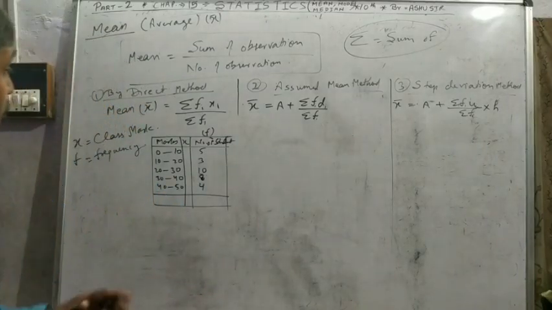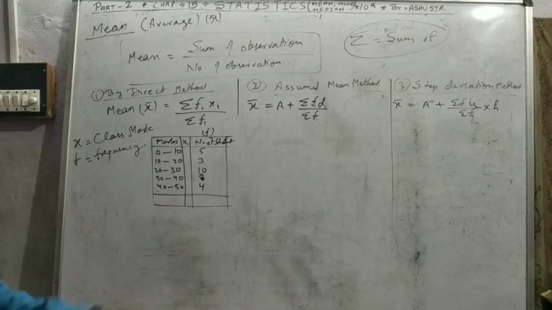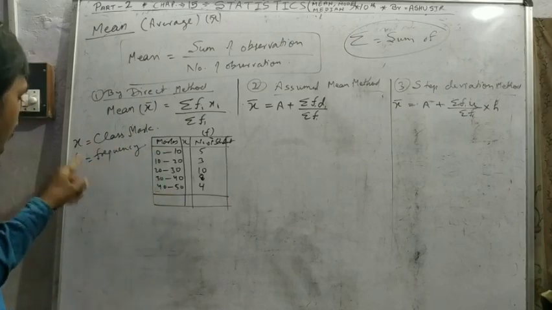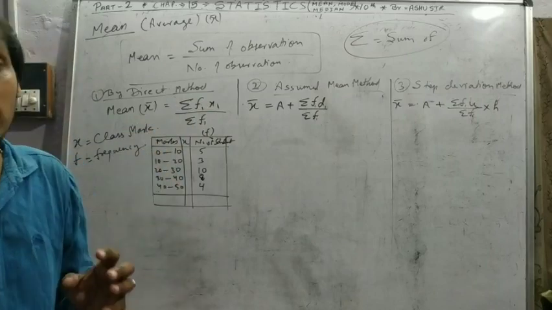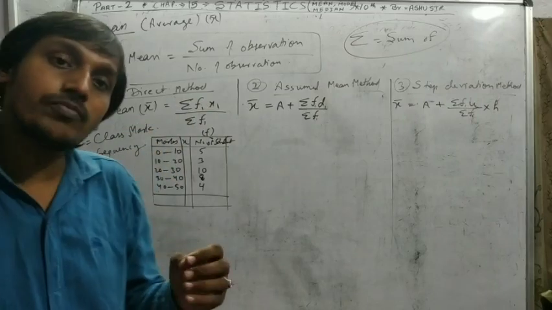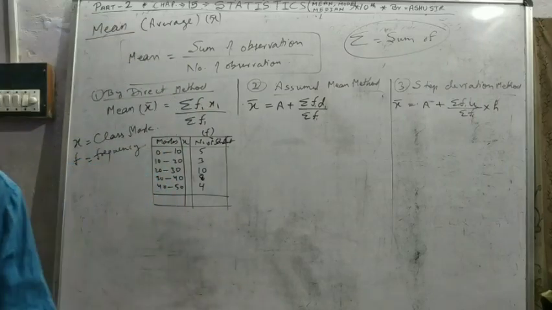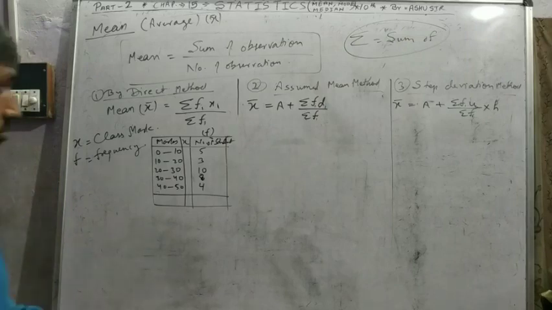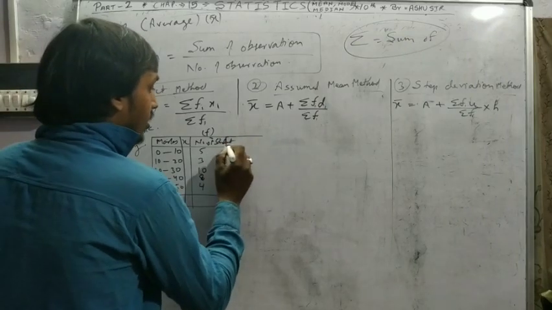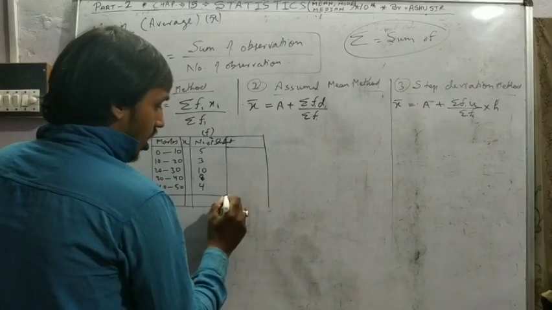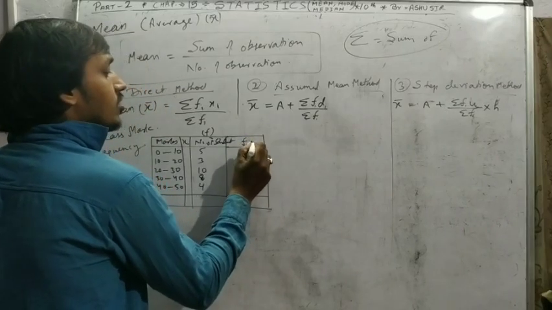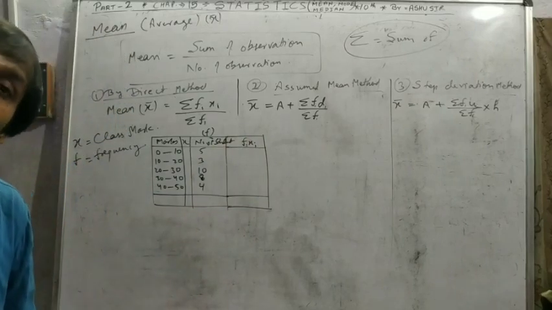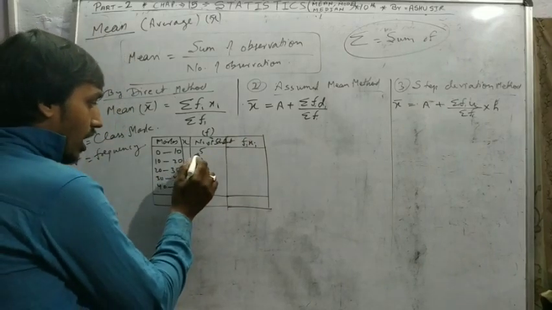So for the direct method we have x and f, but we want summation of fx, the sum of the product of f and x. So we make another column for fx, that is f into x.